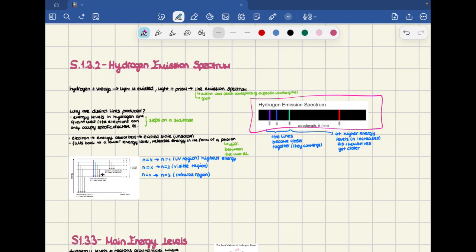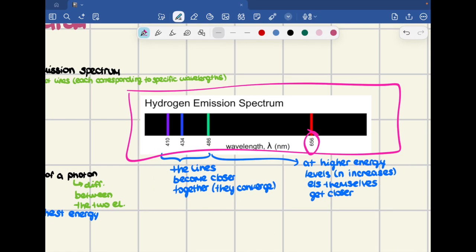We can see that there is a series of distinct lines, and each line corresponds to a specific wavelength of light. For example, here, the red line corresponds to the wavelength of 656 nanometers, right? We can see the wavelength values here.